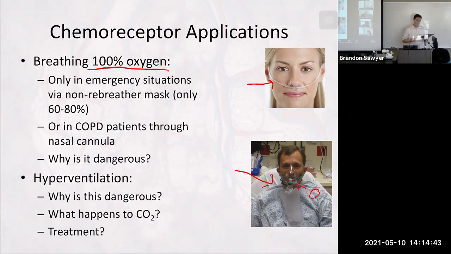Okay, in both of these cases, even though it might be 100% oxygen in that hose, the person isn't breathing in 100% oxygen, right? Because in this case, obviously it's not a perfect seal in her nose, and she can also open her mouth and breathe too, which she most likely will. So she's not getting 100% oxygen.